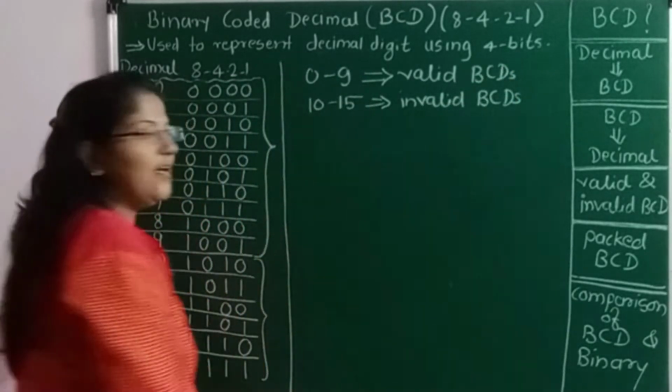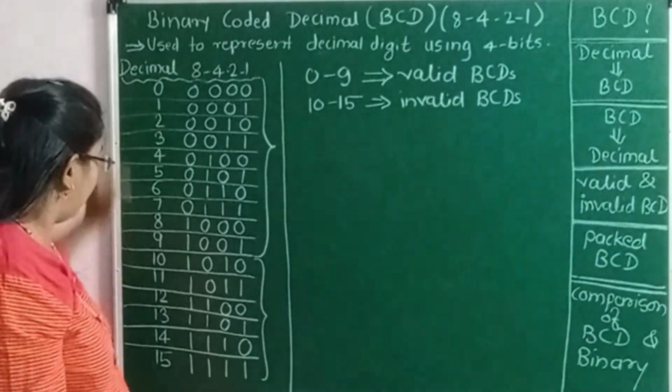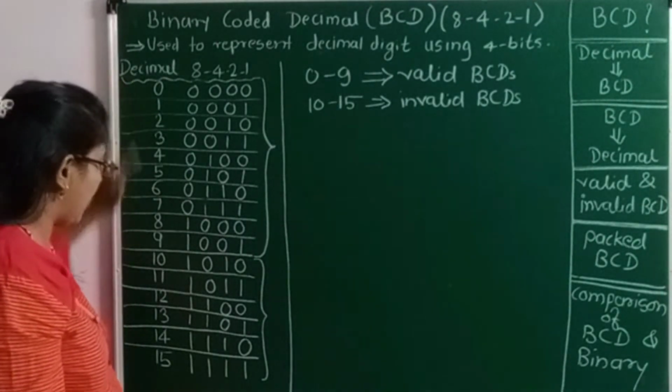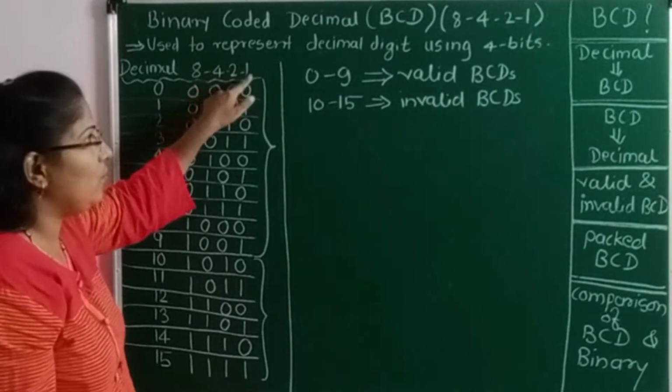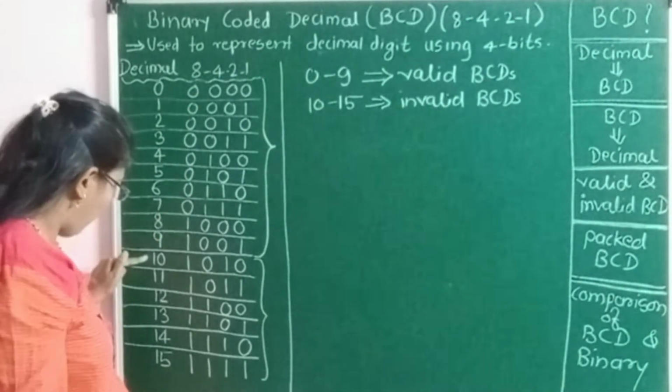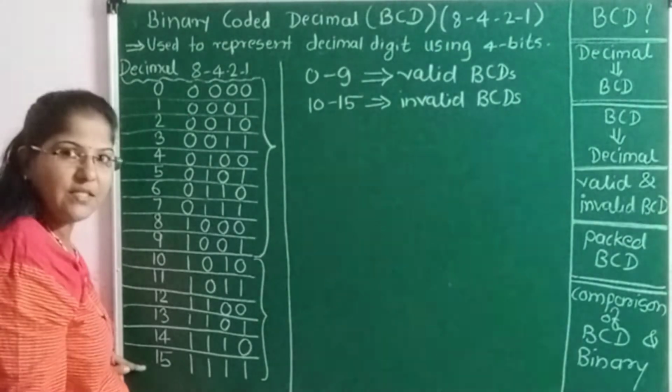Okay, so how many valid BCDs are there? Total 10, 0 to 9, because these are the decimal digits and these are used to represent the 8, 4, 2, 1.